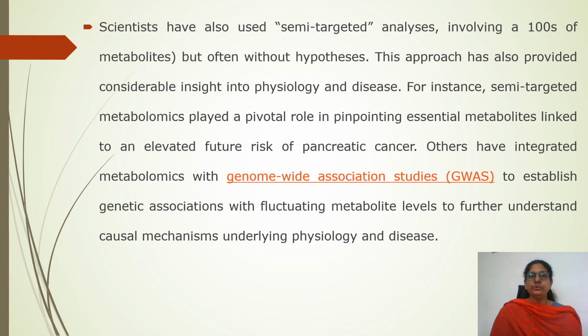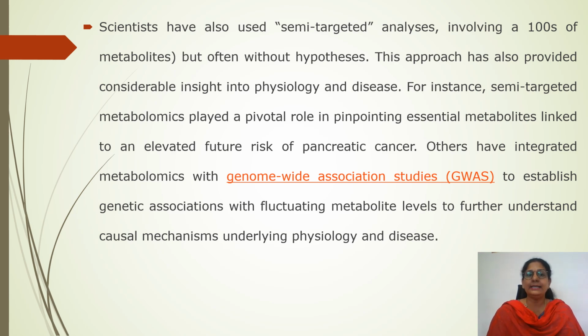Scientists have used semi-targeted analysis involving hundreds of metabolites, often without a hypothesis. This approach has also provided considerable insights into physiology and disease. For instance, semi-targeted metabolomics played a pivotal role in pinpointing essential metabolites linked to an elevated future risk of pancreatic cancer. This is another case study.